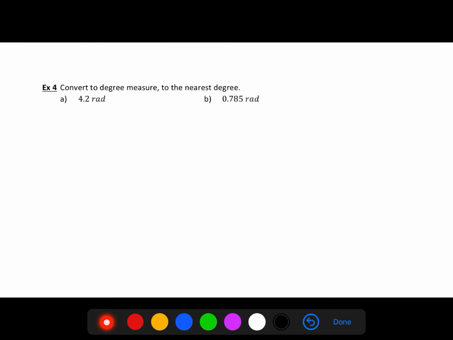Example number 4, we want to convert to degree measure to the nearest degree. So same idea as we did in the last question. We are going to just use our decimals in this case. So we are going to have 4.2 times our 180 over pi.